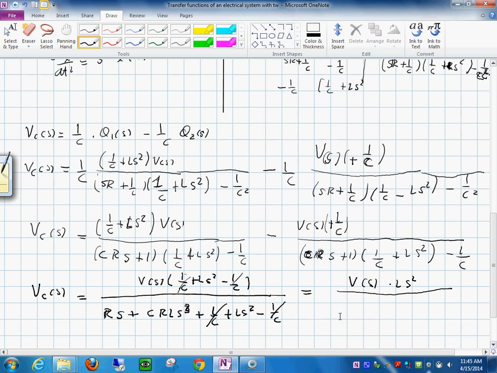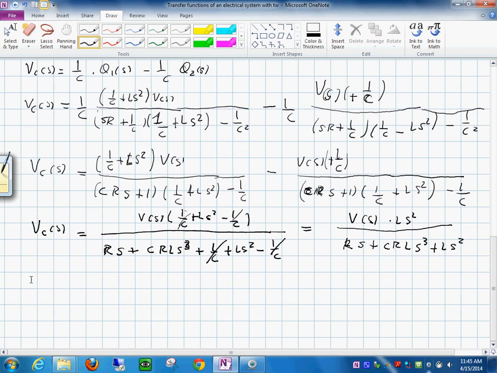And so when we simplify here, this would be L, let's just do RS plus C R L S cubic plus L times S squared. Hopefully we are okay here.